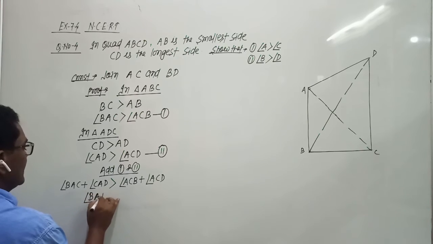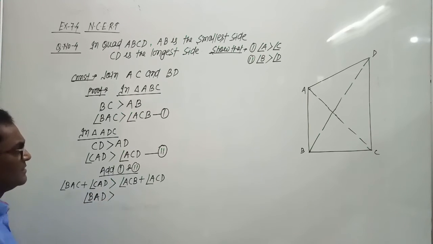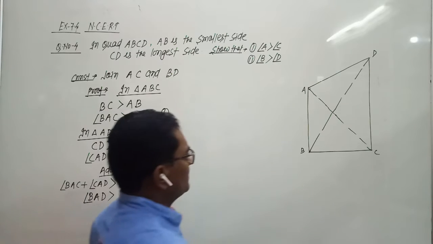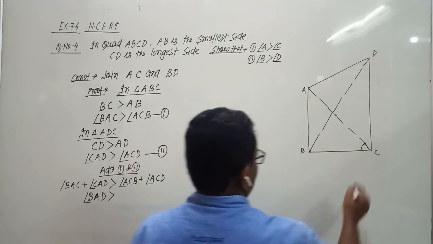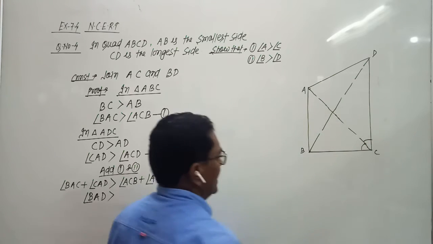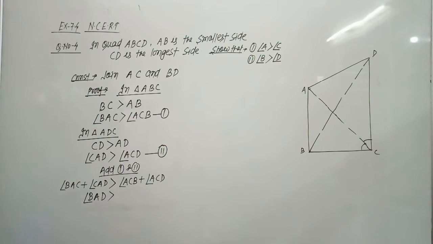Angle BAD is greater than ACB plus ACD, which is written as angle BCD.